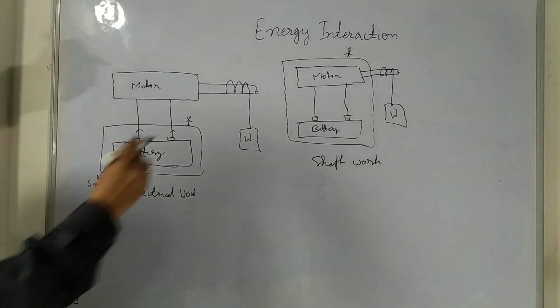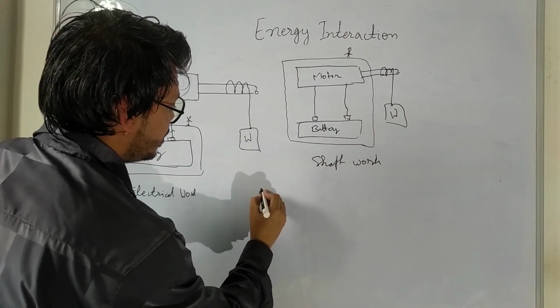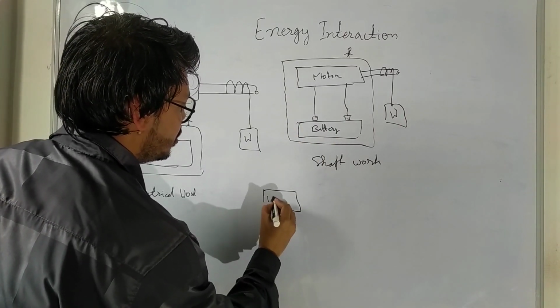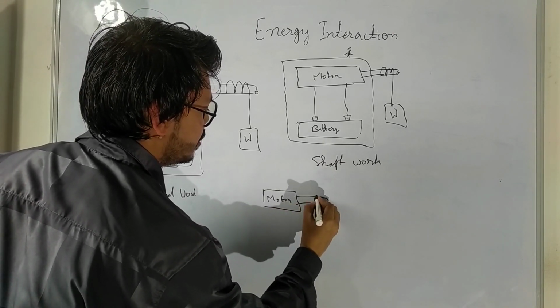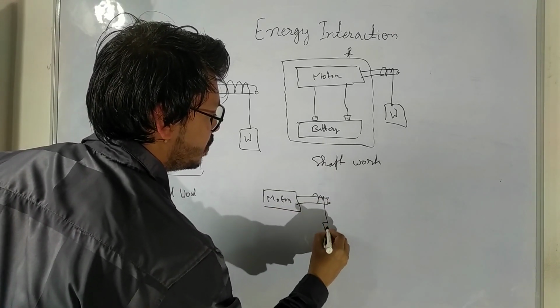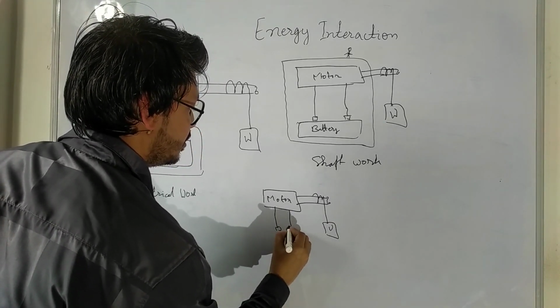Now in the same example, if we change the boundary of the system, this is the motor, this is the shaft, and this is the weight. This is powered by a battery.